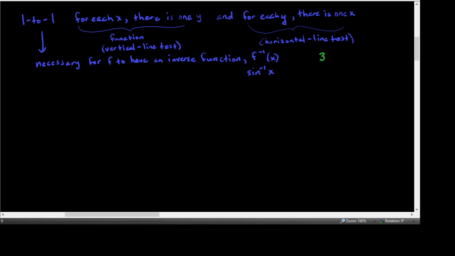Like if I said 3 to the -1st power, that's the same thing as 1/3 to the 1st, which is 1/3. It means the multiplicative inverse, the reciprocal of. That's what that -1 means when it's on a number, or even when it's on something that stands for a number that you just don't happen to know.